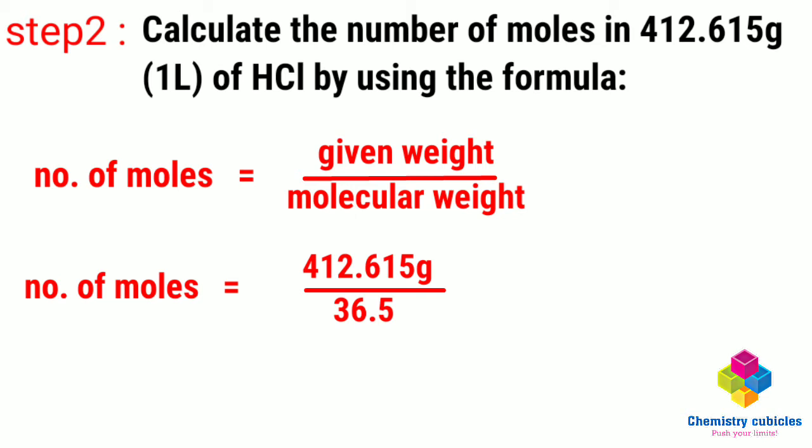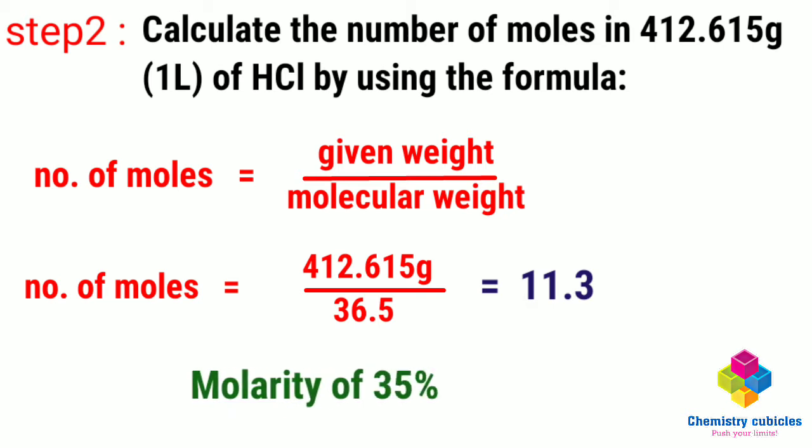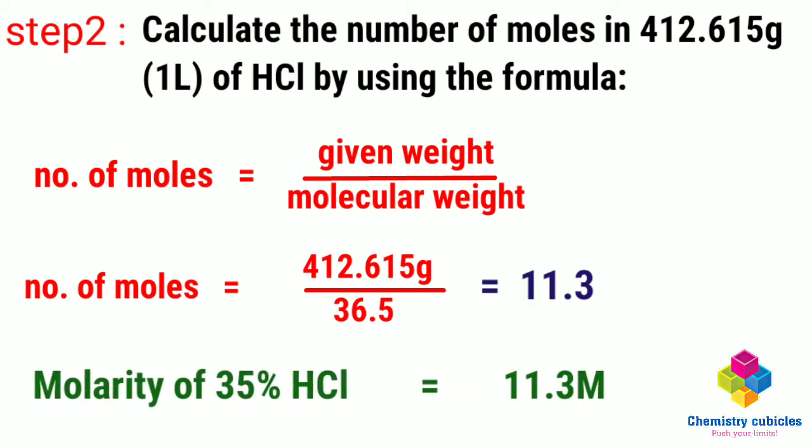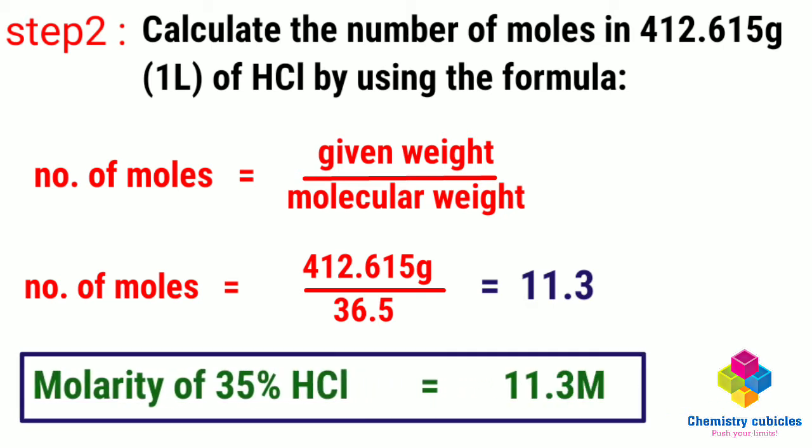Hence, the number of moles comes out to be 11.3. Or we can simply say that the concentrated HCl which has 35% strength has a molarity of 11.3.